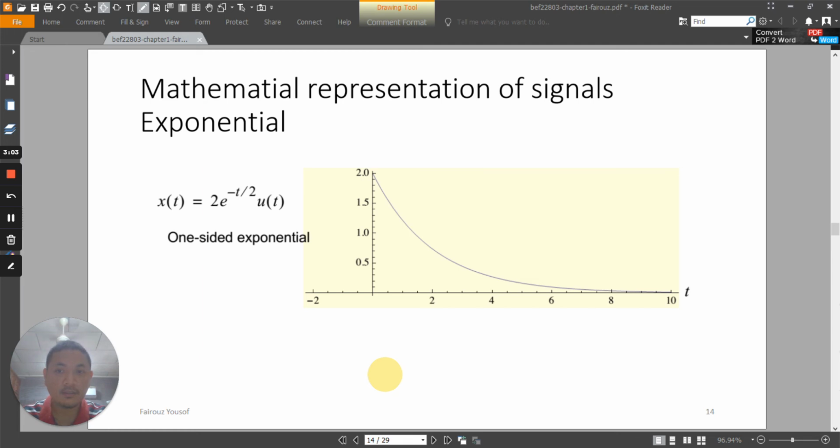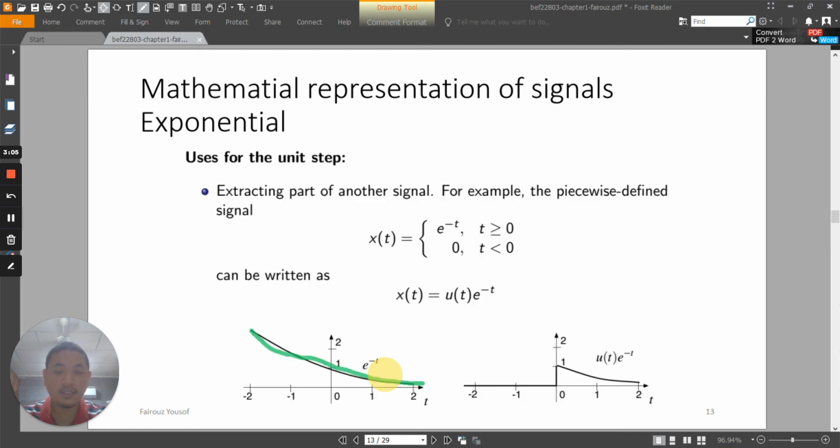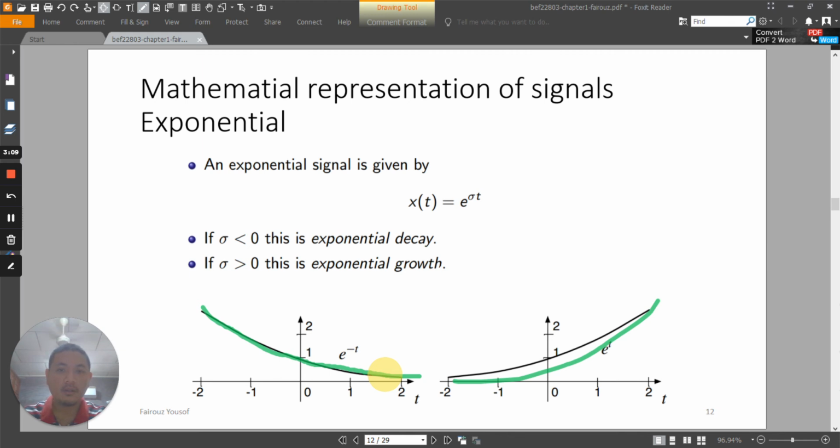I think I made a mistake before. Sorry, my mistake. I said before that the sigma is the crossing at y, so that is wrong. Actually the value in front here, if this is 1, this is 1.